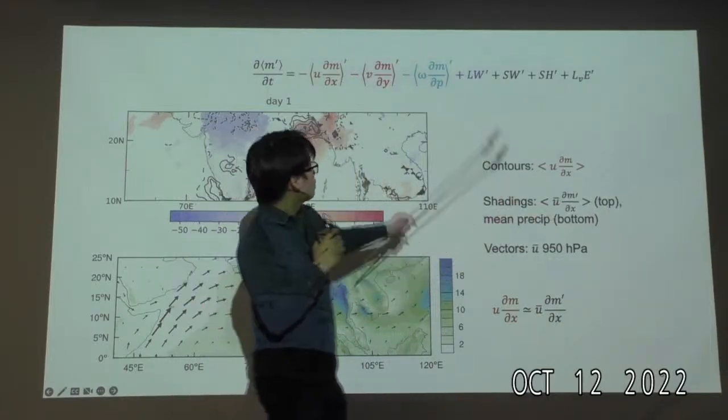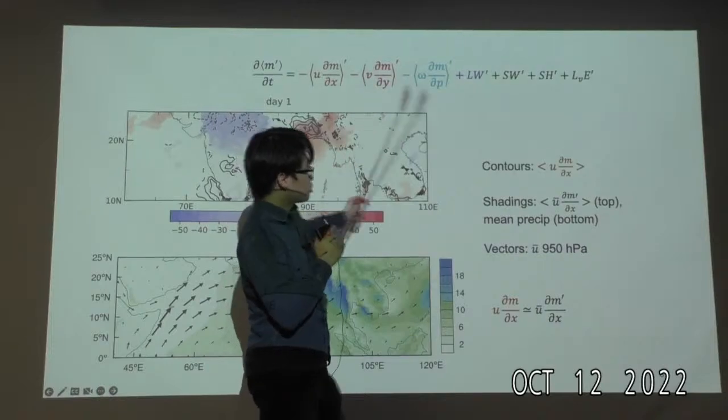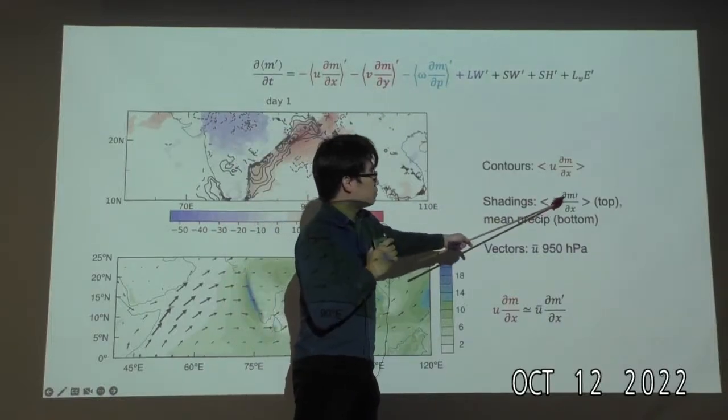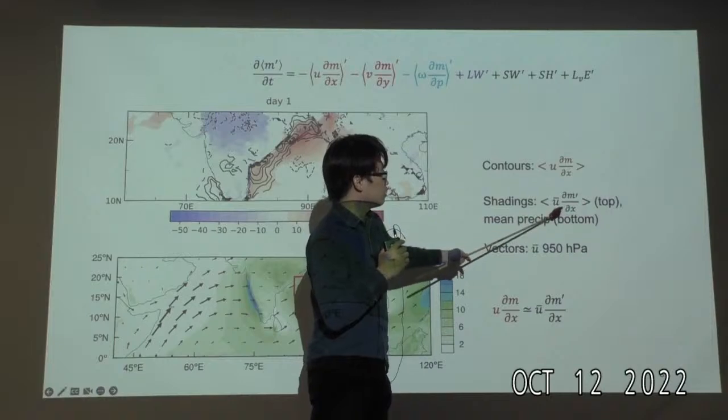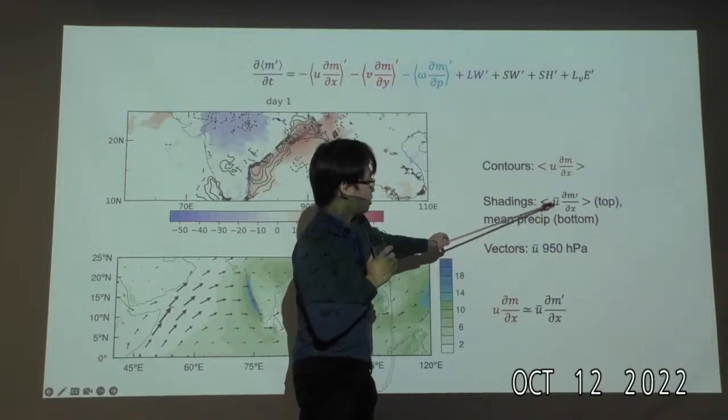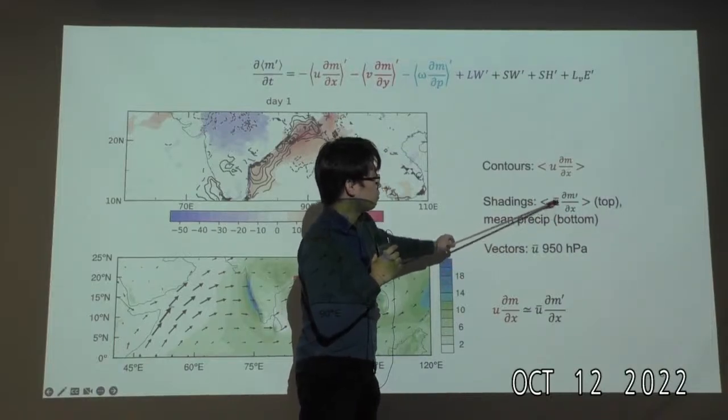If you remember, the meridional advection is V prime times the partial derivative of M bar over y. But this one is flipped, with U bar and M prime.